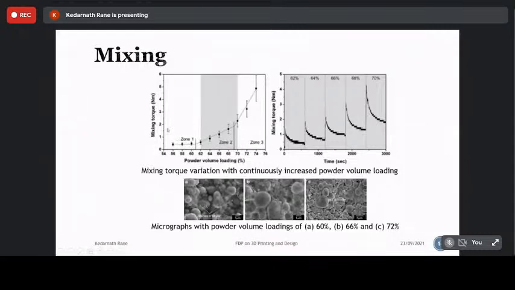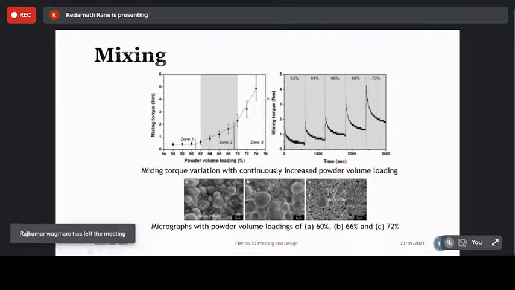Why? Because very low powder loading means you have a very high volume of polymers or non-metallic constituents, which in later steps results in a very high level of shrinkage or even distortion in the part. A very high level of powder loading is also not favorable because of the torque requirement itself, the energy we are using for the mixing.